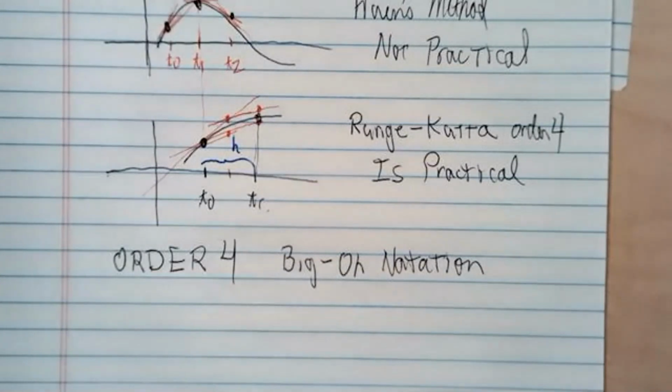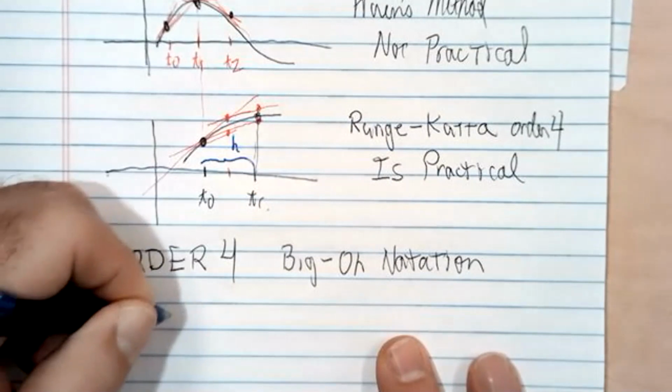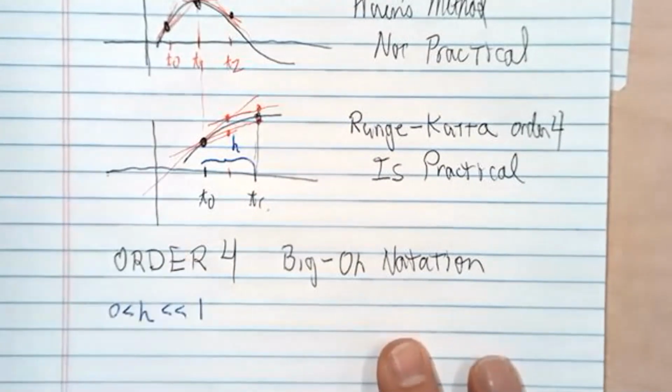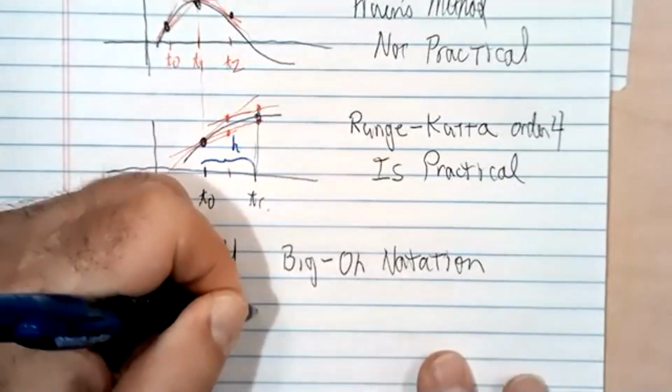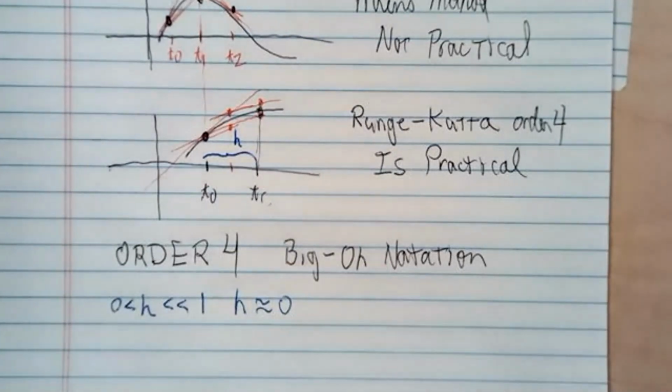And in any practical method, h is going to be, first of all, positive and quite a bit less than 1. So h is close to 0, but not really 0. Now, how close to 0? Well, for instance, a tenth, maybe, or maybe 100th or something like that. It depends on the function and the interval that you're working on, but it will be between 0 and 1 and a whole lot closer to 0 than to 1, typically.